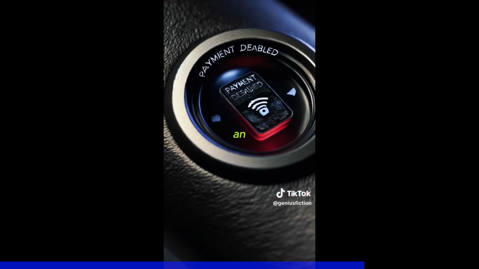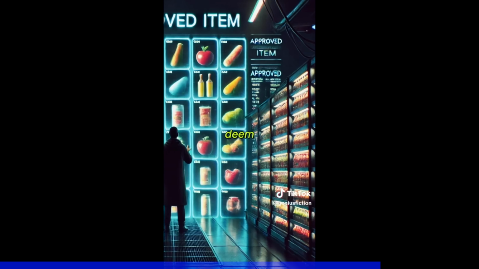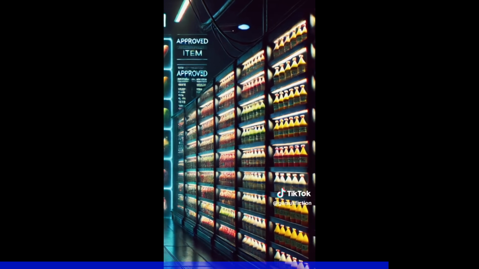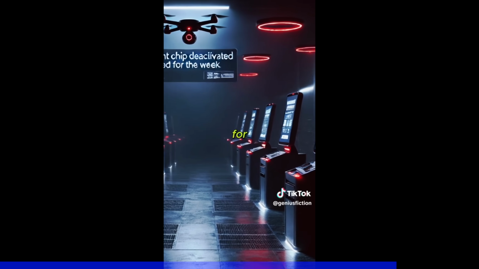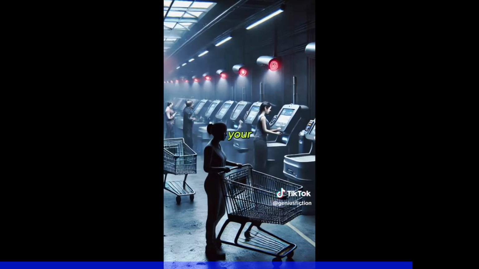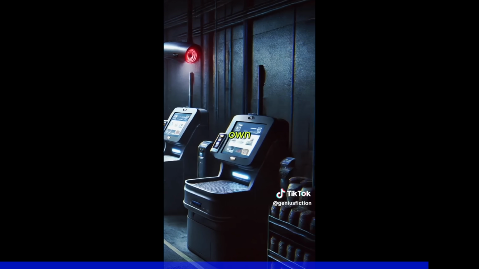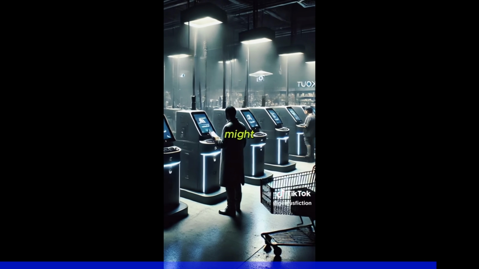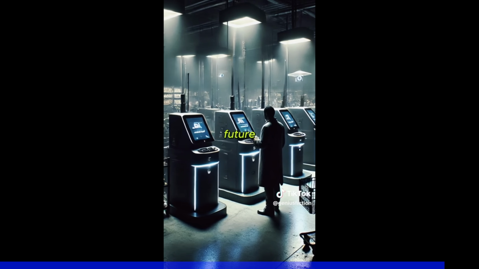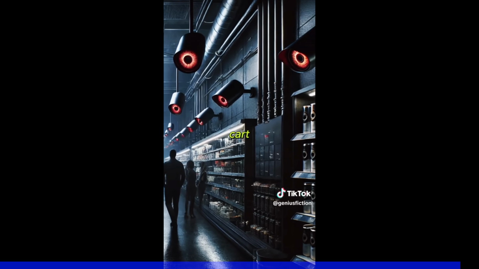They've created an illusion of choice where you're always picking from what they deem acceptable. Your menu, decided for you. Your groceries, pre-approved based on your personal carbon limit. So next time you check out your groceries on your own, remember, it might just be the first step towards a future where you don't decide what goes in your cart. They do.